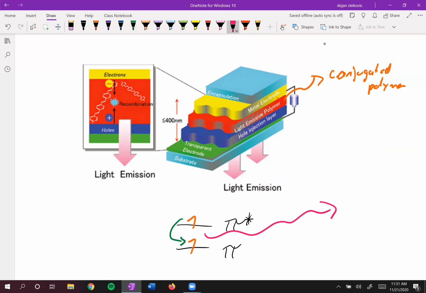The frequency or the color of this light is going to be proportional to this pi star gap, which is in turn controlled by the amount of conjugation, or you can even use electron donating or withdrawing groups. And so you can see how you can go from the structure of the compound to different properties, such as the light emitting in an OLED.